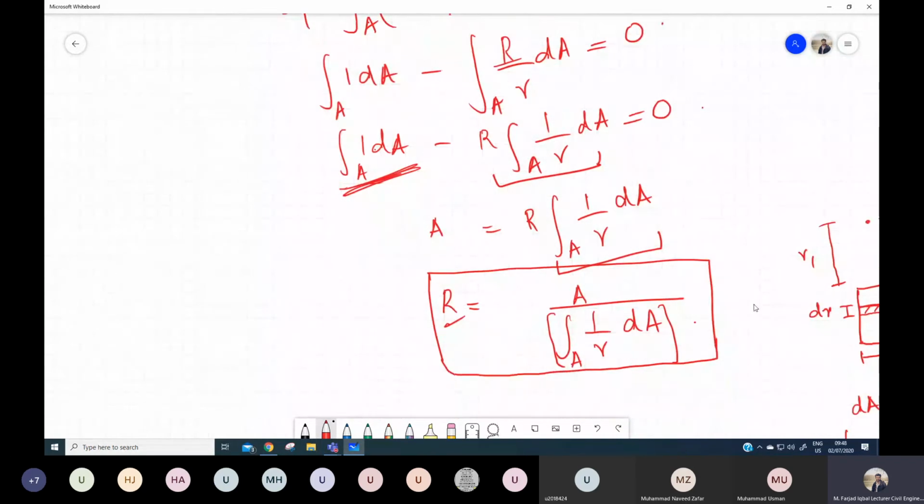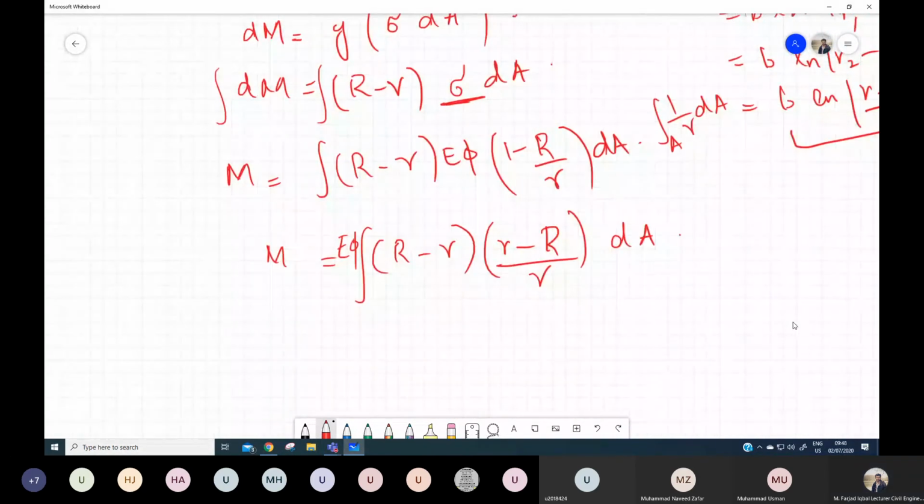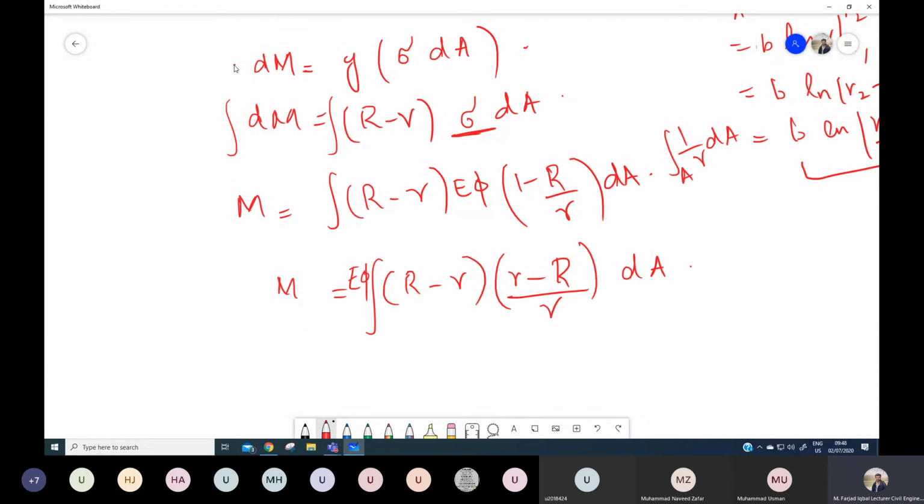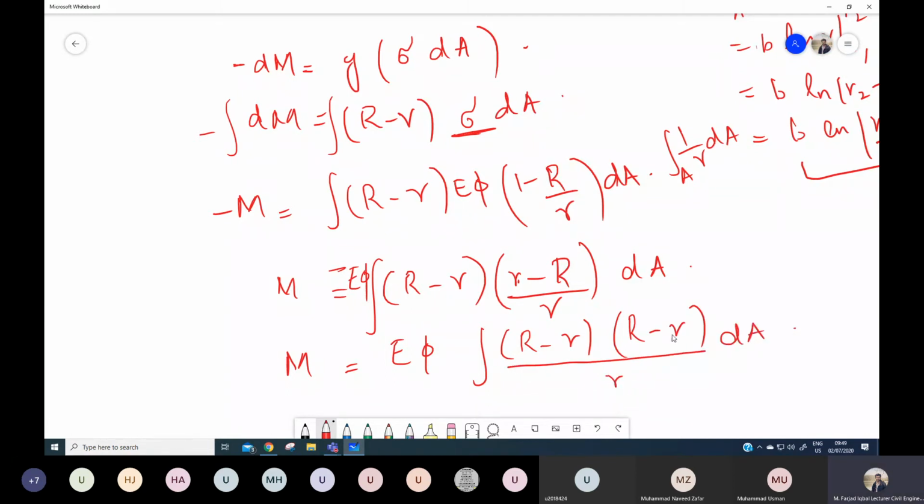So over here, we will have this negative sign over here and negative sign over here, this negative, and if I take this negative onto this side, I will have a negative over here, and if I multiply this negative sign with this term which is inside, I can show it over here, that will turn out to be E phi integral of capital R minus r, and this term will be r minus R divided by r into dA.